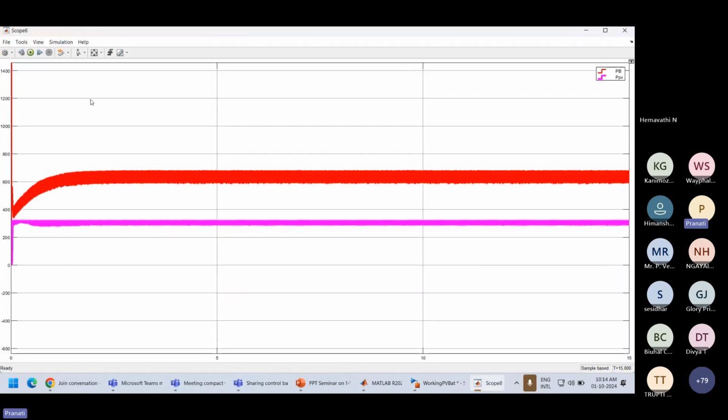Even if the irradiance is 300 watt per meter square, see the PV power. The pink line is PV power. PV power is around 300 watt. Battery power, both combined, as the PV is not sufficient to provide the load demand, therefore the battery discharges and satisfies the load demand at any point of time.